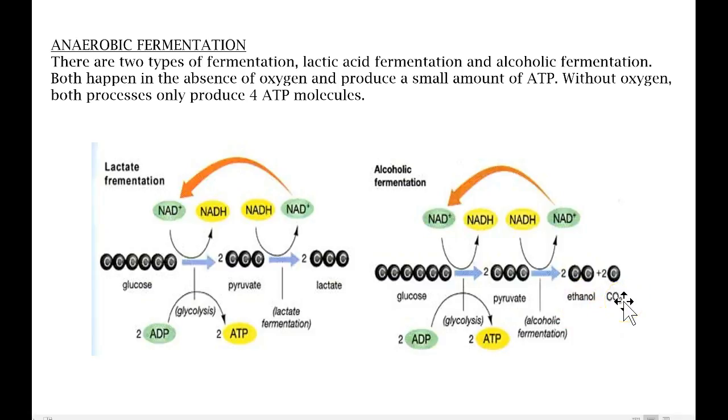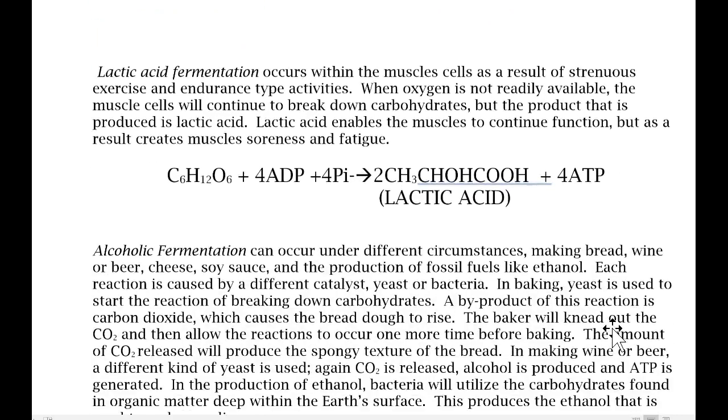When you've got bread dough that you've made, you're getting ethanol being produced, and you're getting carbon dioxide, and that carbon dioxide is being trapped in that bread dough, and it causes it to rise. So this is the process of alcoholic fermentation. Again, we're going to go over this in more detail in class, but this is just to give you an introduction to what's going on.